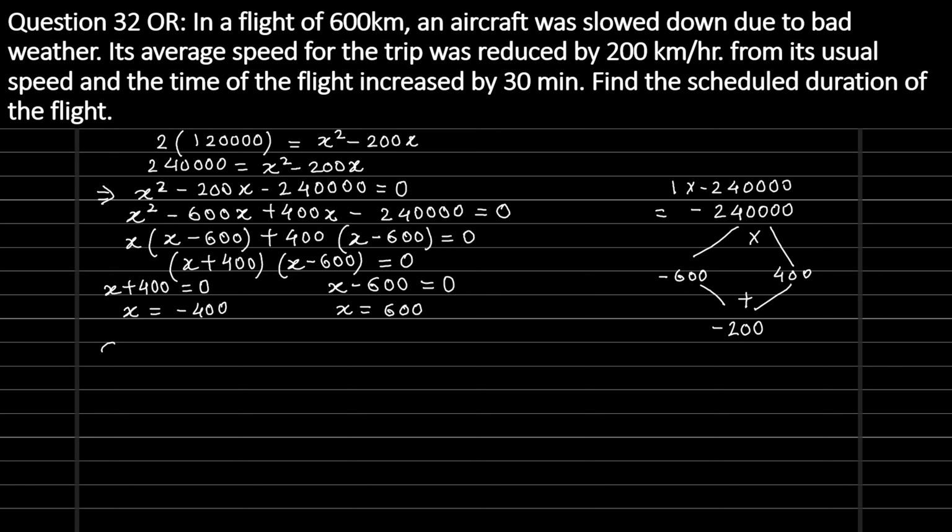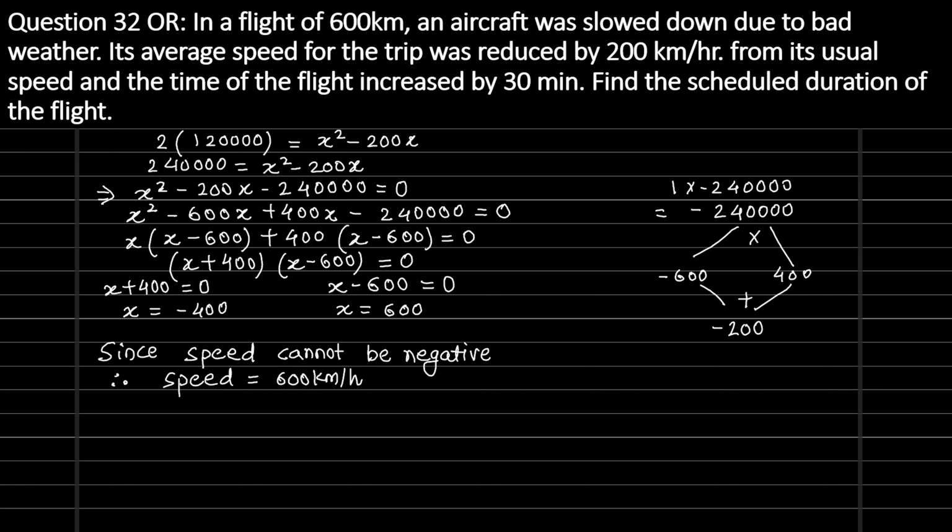Since speed cannot be negative, therefore speed is equal to 600 km per hour. We assumed the speed as x, so this is the usual speed.